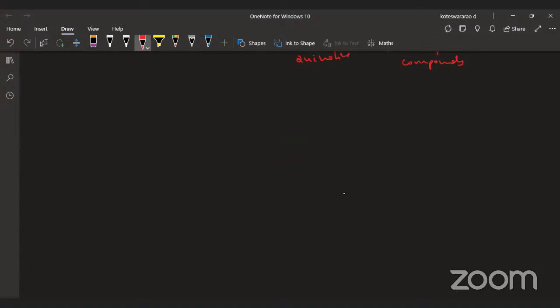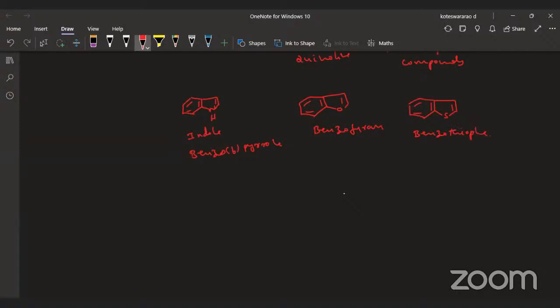For example, indole, a heterocyclic system fused with benzene, is also known as benzo[b]pyrrole. Similarly, benzo[b]furan, benzofuran, benzothiophene. These are all fused heterocyclic systems.